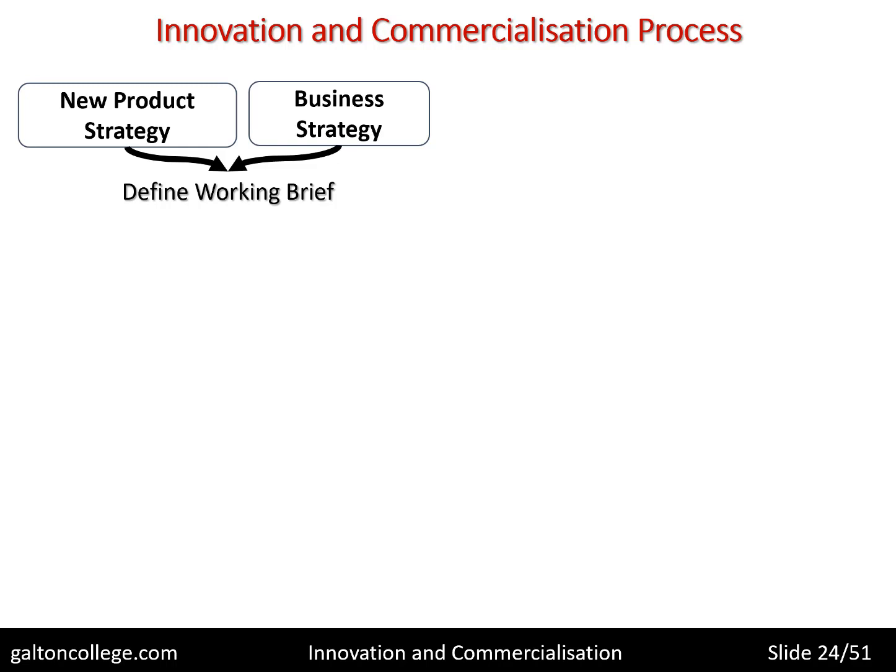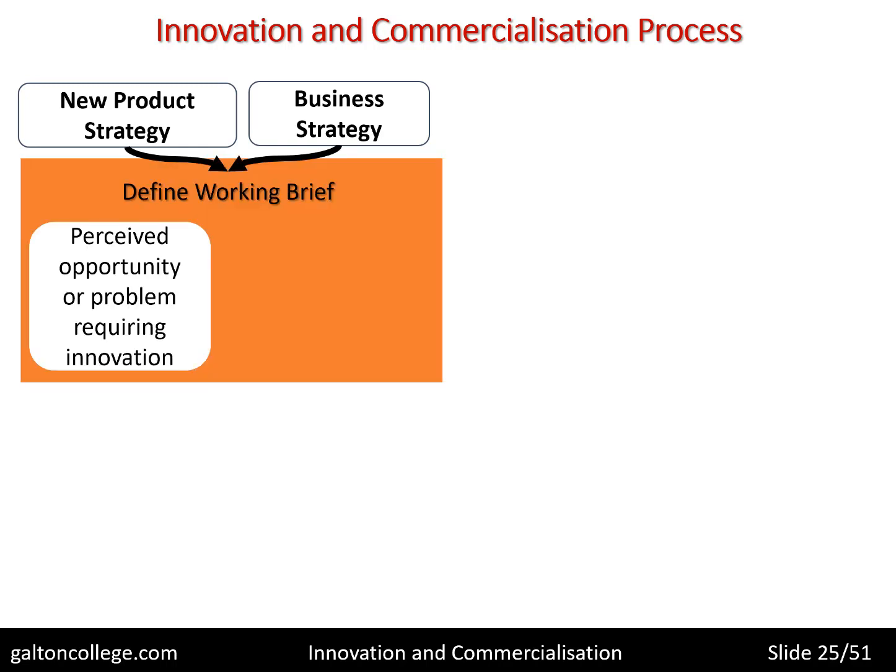In other words, the business strategy has been flexed, it has been altered to accommodate new products and new product development. And out of this, there is a working brief to develop the new product. But the working brief must be aimed at some sort of perceived opportunity that requires innovation.